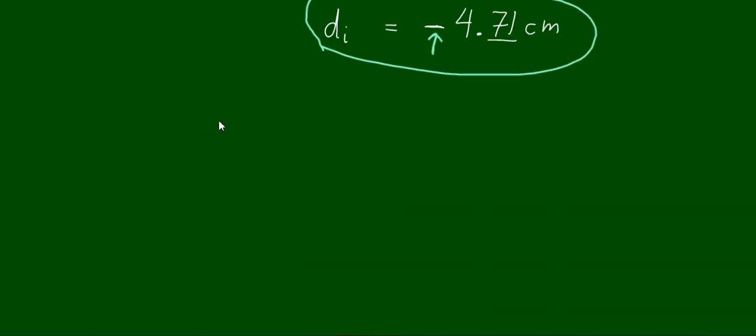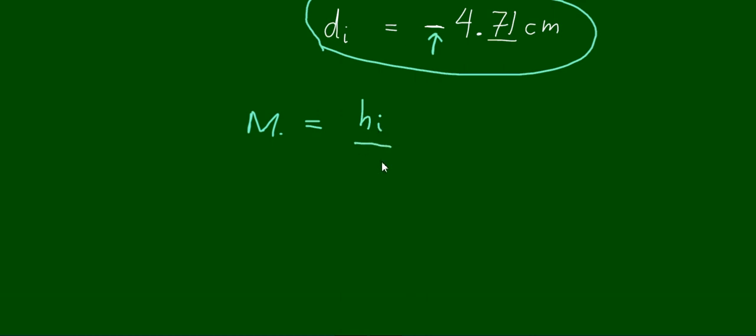The second step in this process is to determine the magnification of this particular image relative to the original object. And once again, we start out by writing the topic sentence or the main equation. The magnification equation is equal to actually two ratios that come about from the ray diagram because they are the sides of two similar triangles.